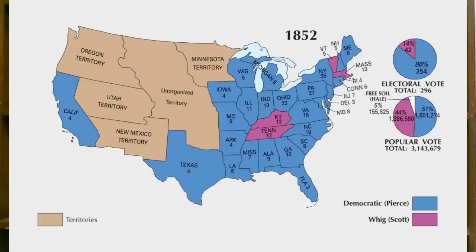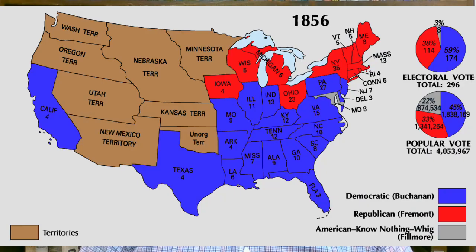As a result, Southern Democrats and the few Northern Democrats dominated presidential and congressional elections in the 1850s. Democratic domination would continue until 1860 with the emergence of the new Republican Party.